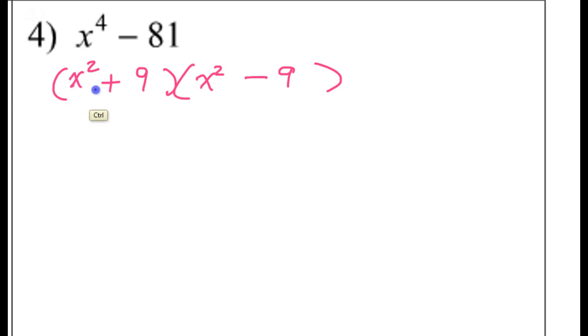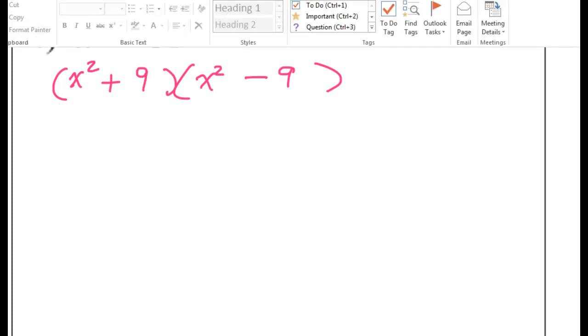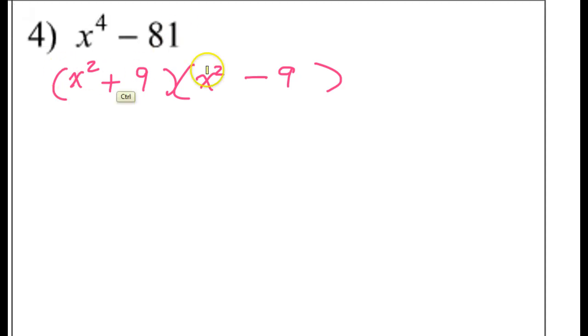Now, a common mistake would be to stop right here. However, if you look closely, you'll notice that we have the difference of squares again. One of these two can be factored further. Which one is it? Well, it's this one. This is the difference of squares again. It has to be subtraction.